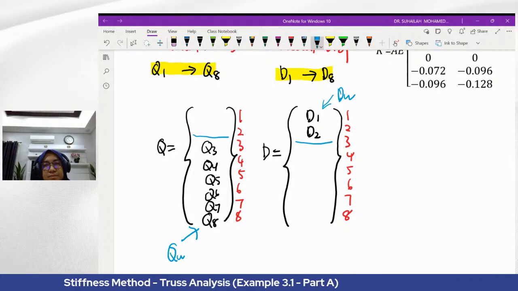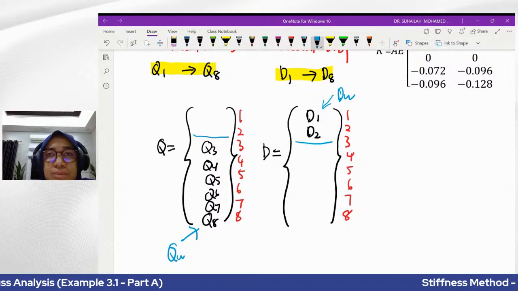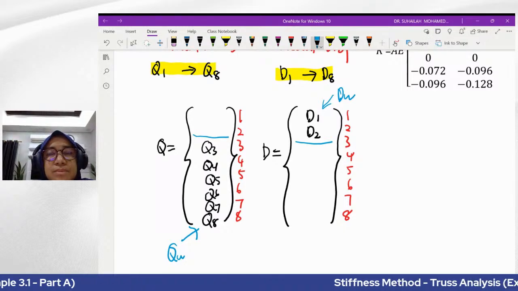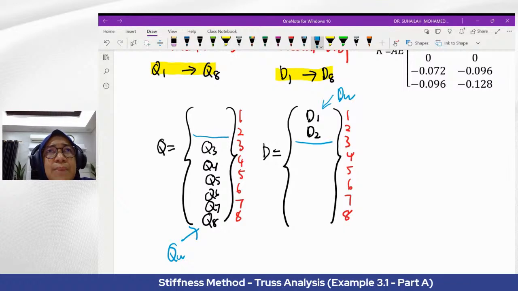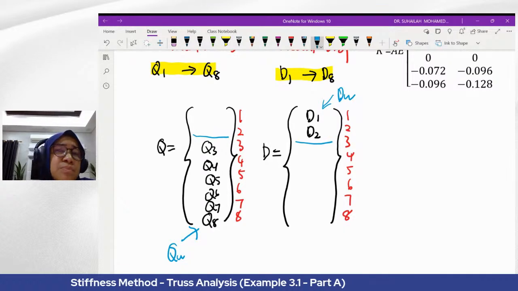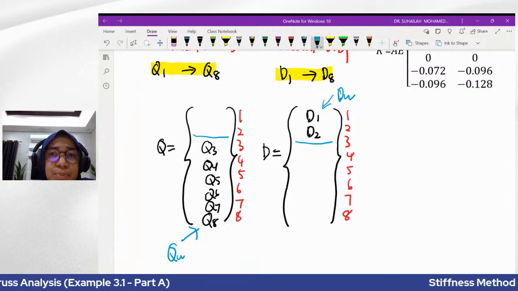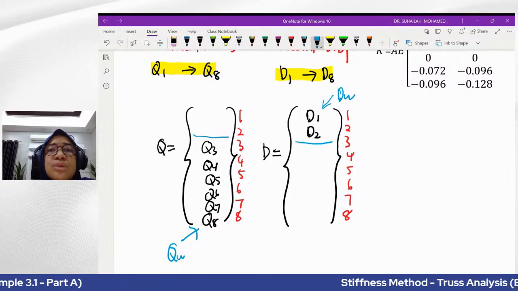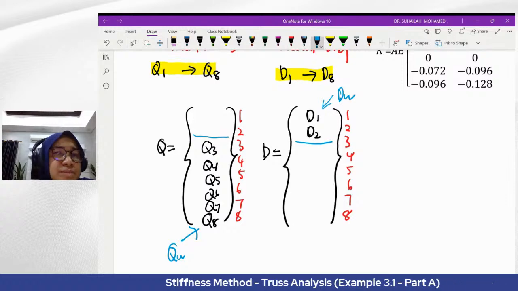By understanding general knowledge about supports, at a support there is no deflection.